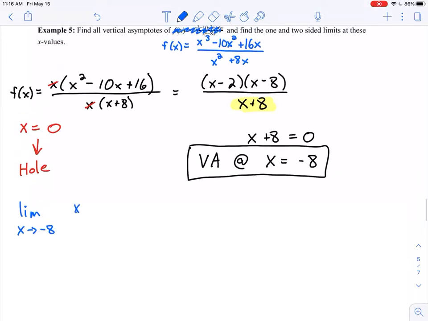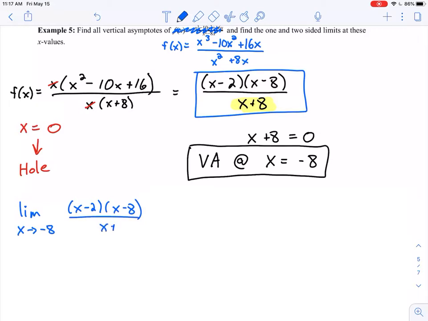You could say x cubed minus 10x squared, and so on. But I know it's going to be easier if I just use that factored form. So I'm actually just going to use this version right here. I'm going to use x minus 2 times x minus 8 divided by x plus 8. And that'll at least give me the information I need about the behavior close to negative 8.